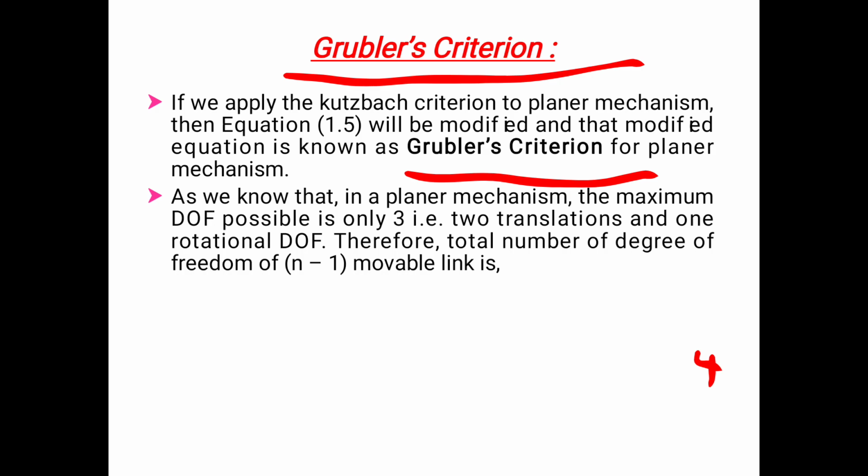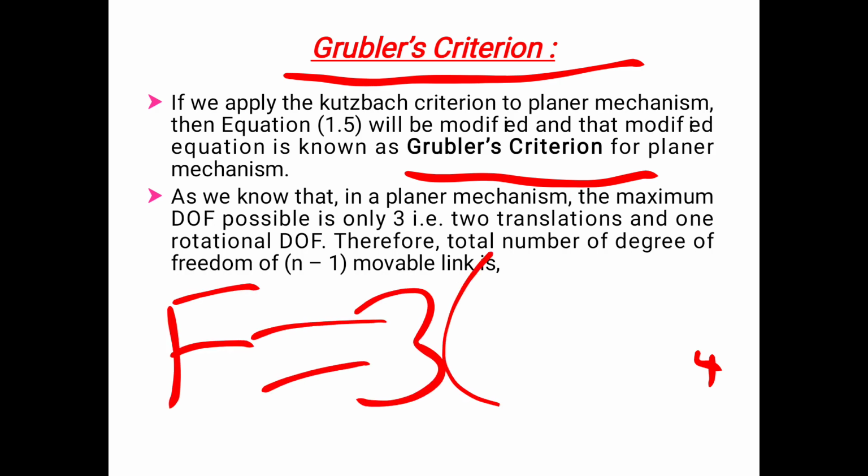In a similar way to the previous case, if there is no restriction applied, the total degree of freedom will be f equal to 3(n minus 1).